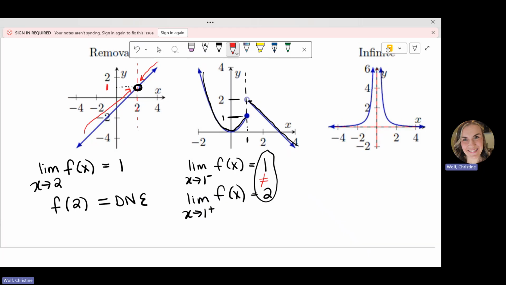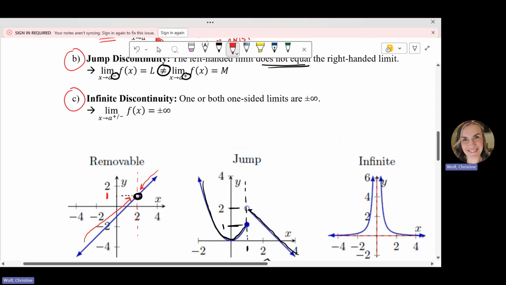And so that's why this is defined as a jump discontinuity. Okay, and the third and final type is called infinite discontinuity. It's kind of in its name what type this is. This is if one or both sides of the limit are equal to positive or negative infinity. So if you ever, from the left or the right, get positive or negative infinity, we call that an infinite discontinuity.